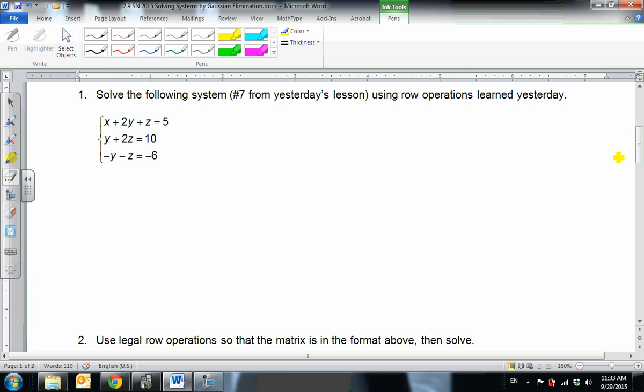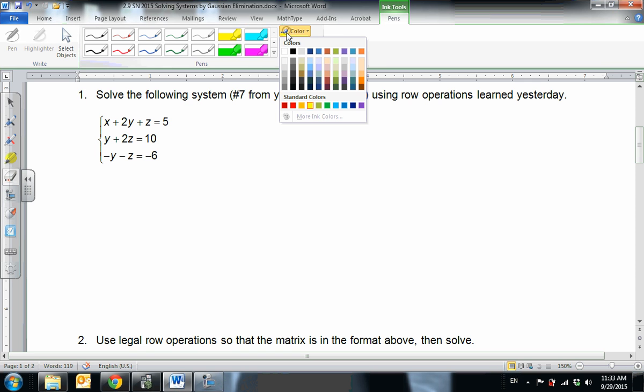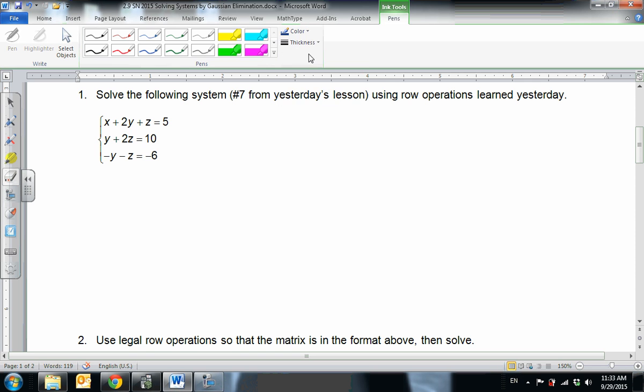So using what we learned yesterday, the first thing we're going to do is create an augmented matrix. Okay? Now, in order to create that augmented matrix, we have to fix which equation? The second and third equation.